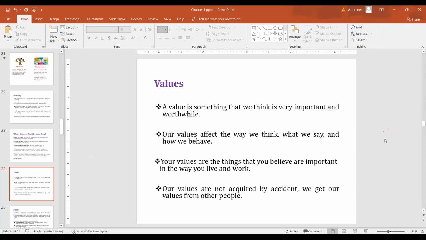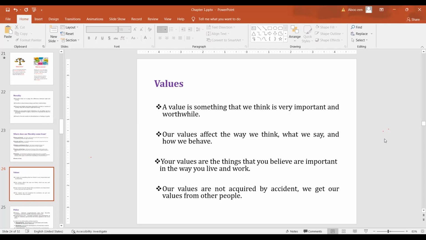So the way we think, the way we talk, the way we express our opinions, and how we behave, act and react in a situation.